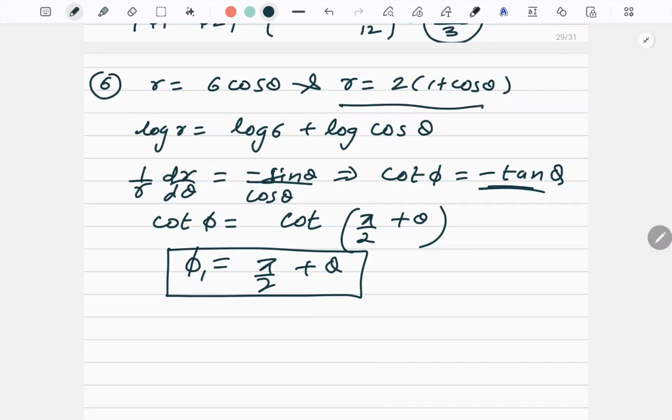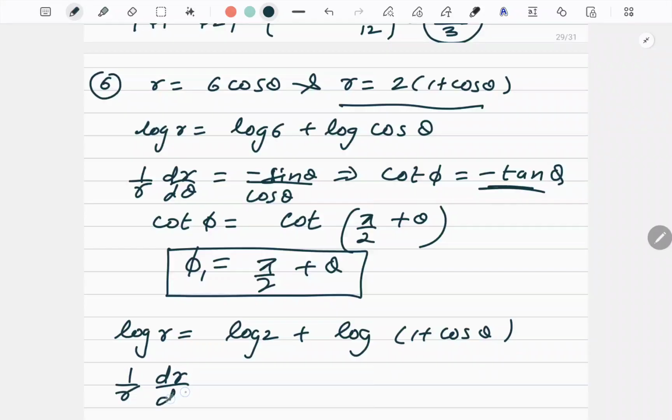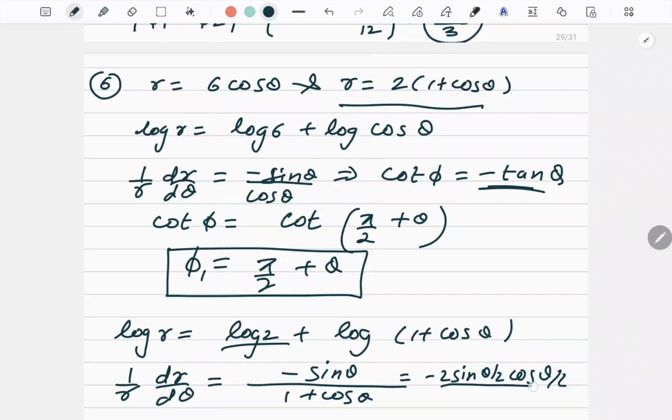Go to the other curve. So log r is equal to log 2 plus log of 1 plus cos theta. So 1 by r dr by d theta is equal to 1 upon 1 plus cos theta times minus sin theta. Now this is minus 2 sin theta by 2 cos theta by 2, and the denominator 1 plus cos theta is 2 cos square theta by 2.